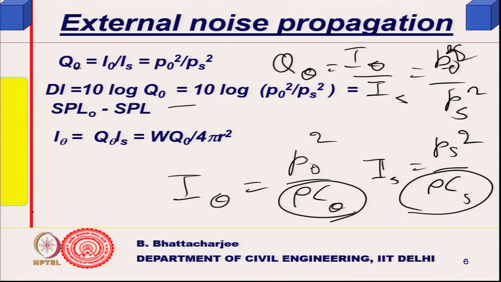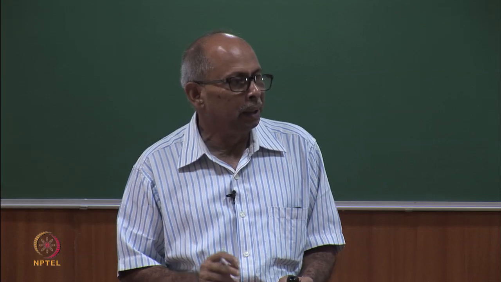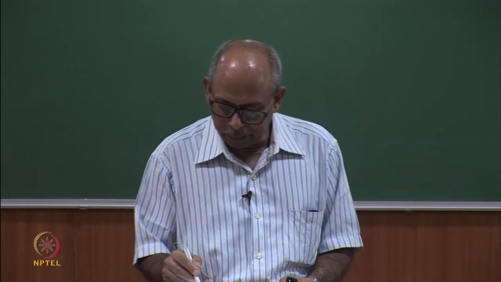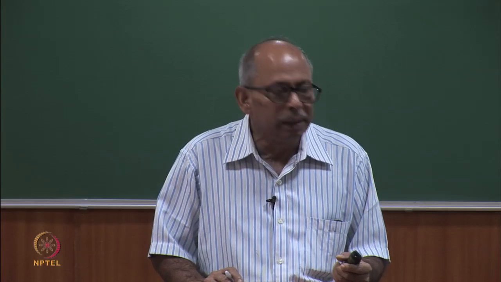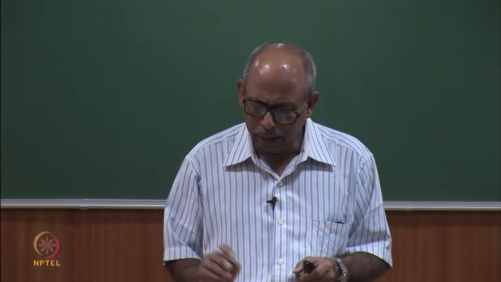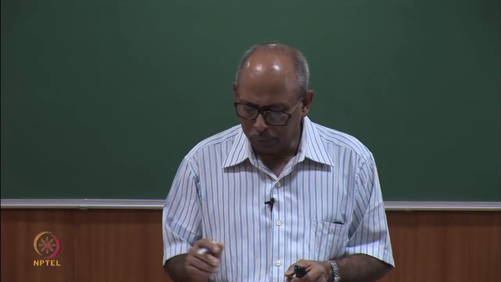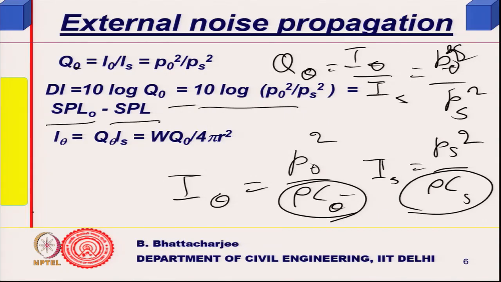There is a small difference, we are neglecting the difference between the two, otherwise this should also come into the picture. So, we are saying that these are the same, that is your acoustic impedance in standard condition, and in actual ambient air it is normally not very different. So, therefore, we can neglect this. So, this is how we can write it: SPL theta minus SPL along all directions.